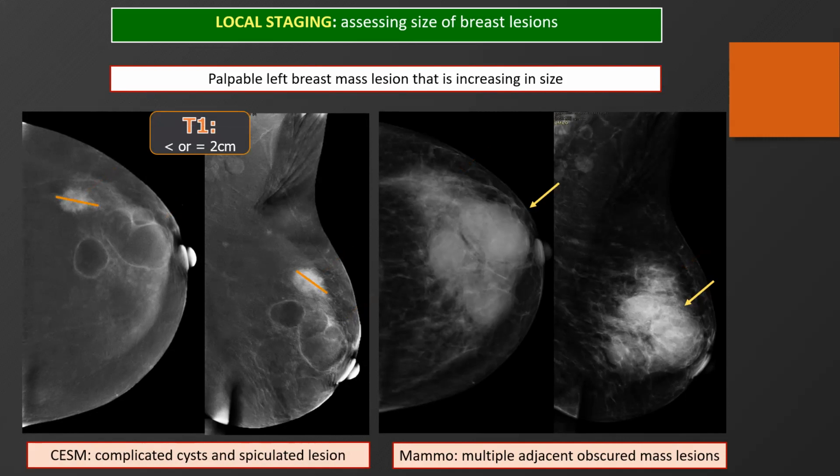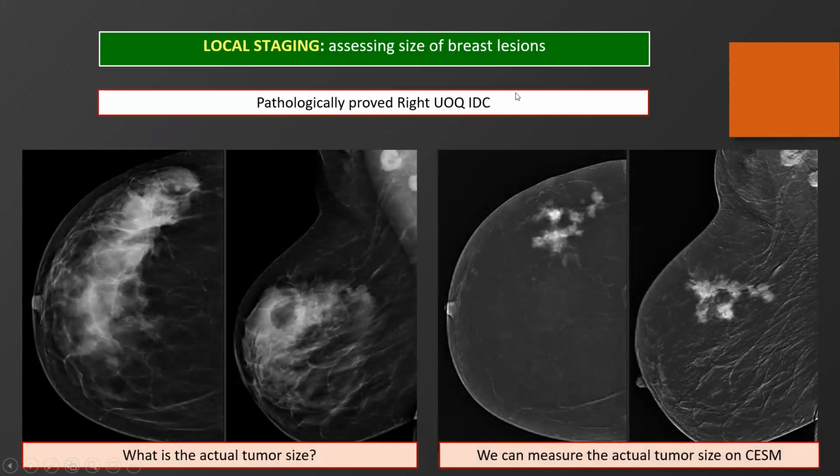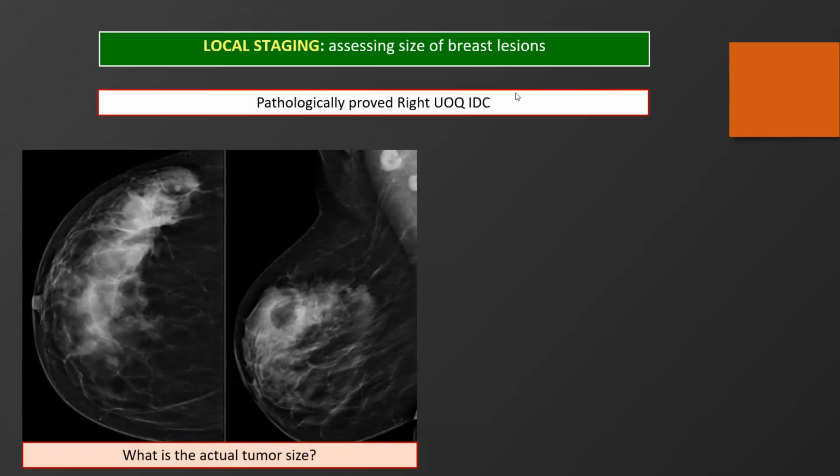Yes, I think so. I'll show you another case of a patient with a pathologically proved invasive duct carcinoma. From this mammogram, can you tell the actual tumor size? No, I would ask for a contrast study because based on the mammogram, I can never see the actual size.